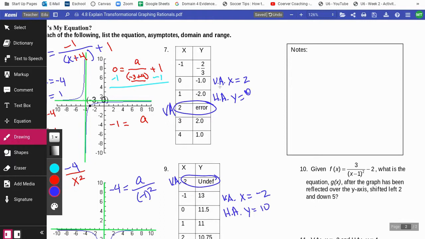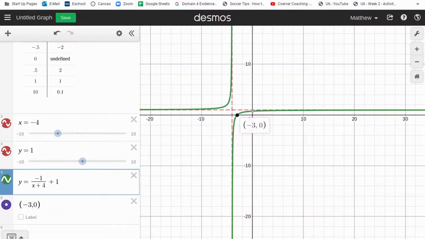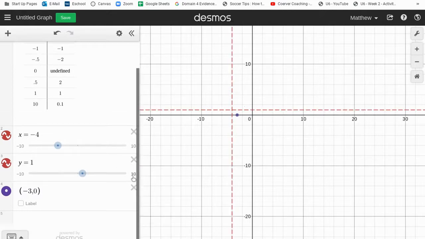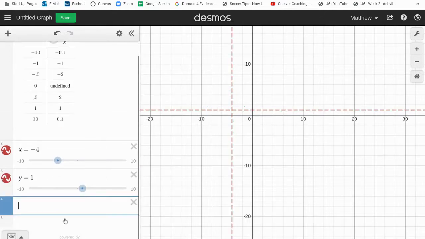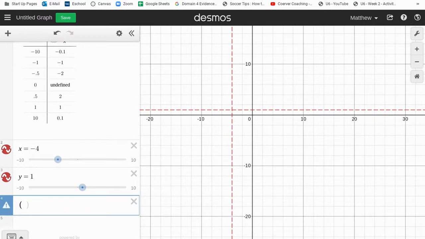So if I want to figure this out, I can just plot these points. Okay, so if I go to Desmos, let's clear all this stuff. And I just start entering in points. And I put in the points that it gives me, right?